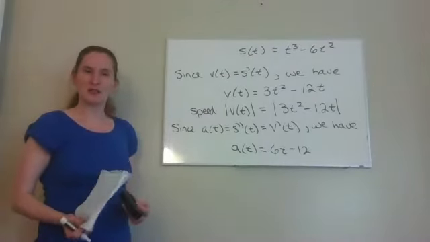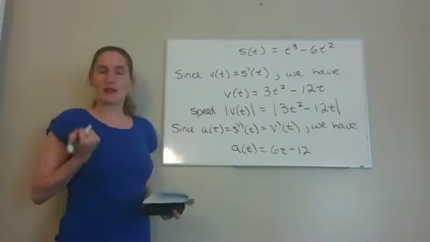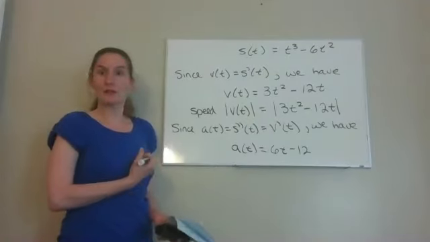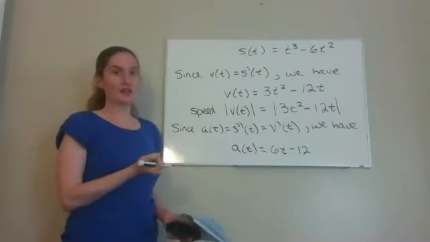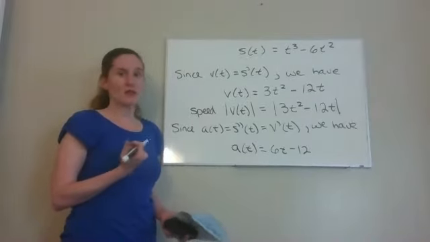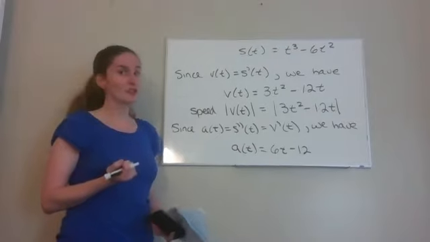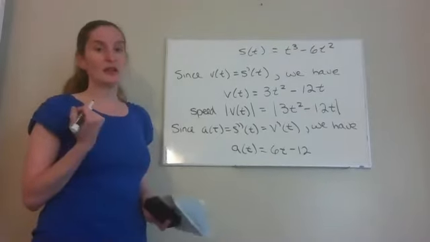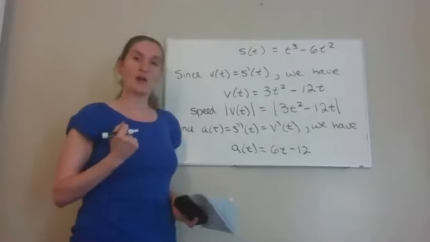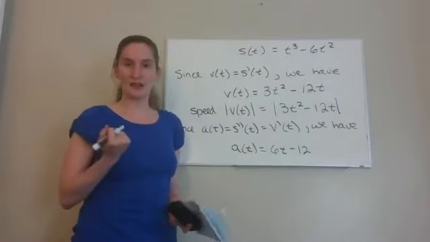But now we get to do something a little more complicated. You might think that a positive acceleration would mean that the object is speeding up, and a negative acceleration would mean that the object is slowing down. And that makes some sense, except unfortunately it's not true. Because what if your velocity was already negative, and then you had a positive acceleration?